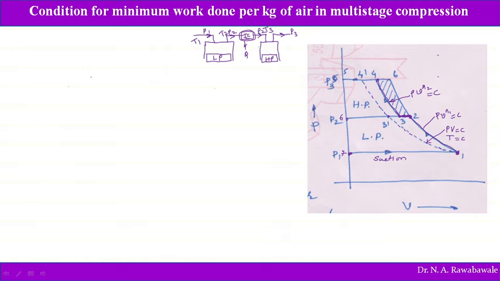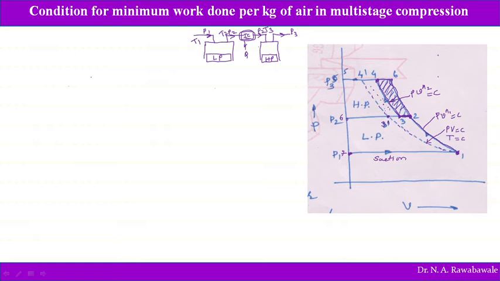Now here this much work saving we can achieve, that is the area 2, 3, 4, 6. This area gives us the work saving in a two-stage air compressor. So if we succeed in reducing the temperature of air from T2 to T3 dash, then even this area will be work saving.